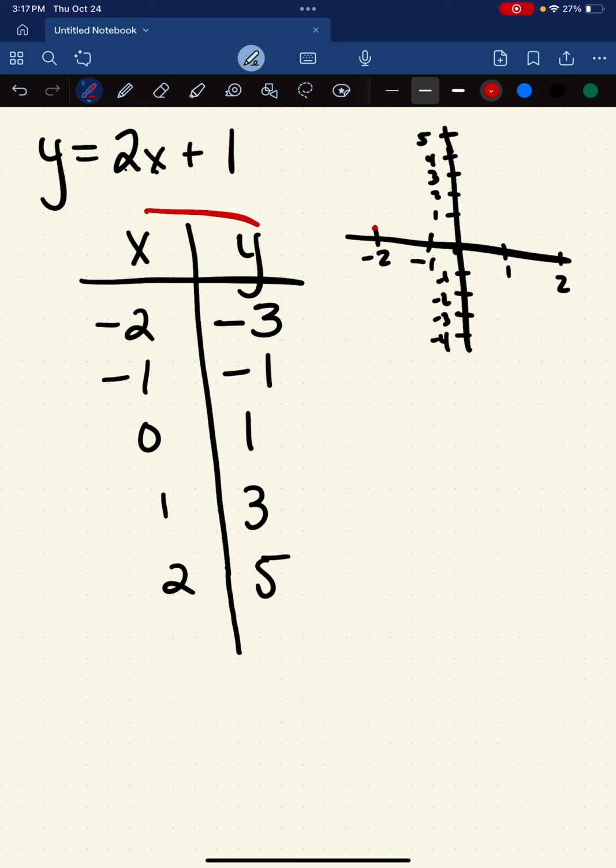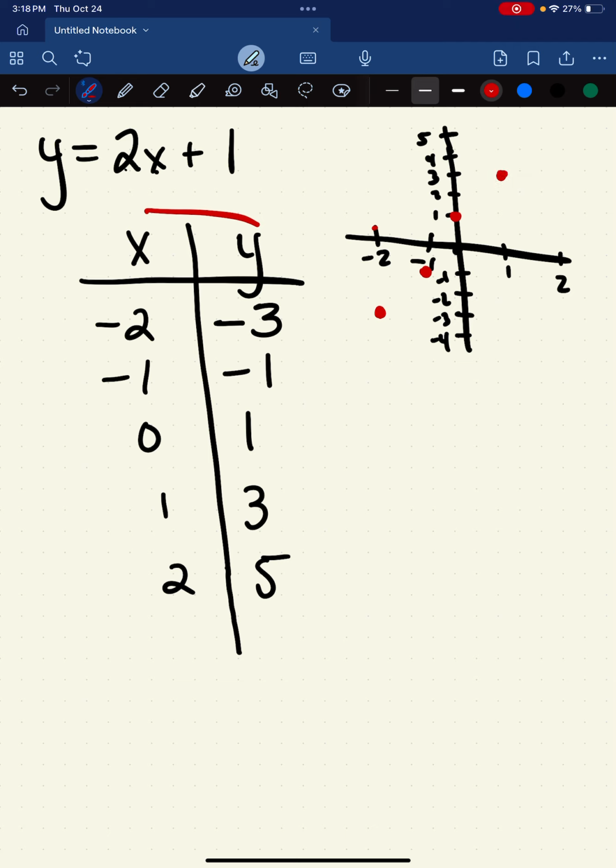So whenever x is -2, so we're on this line here, y is -3. So it's right there. Whenever x is -1, y is -1. So we're right there. Whenever x is 0, y is 1. And you're going to see very quickly that I did not do a good job at lining up this coordinate system.